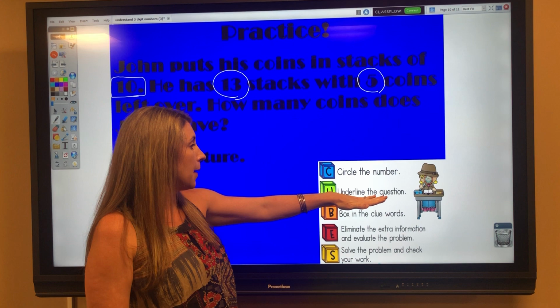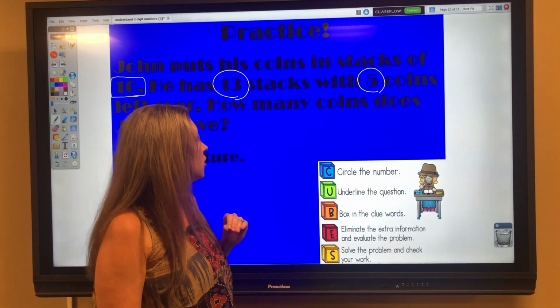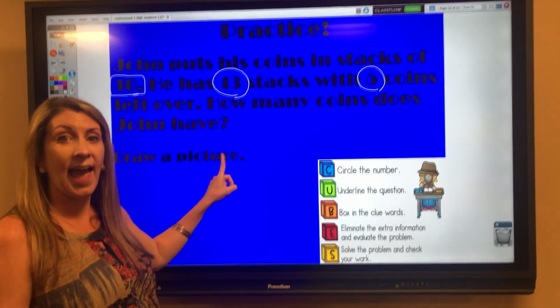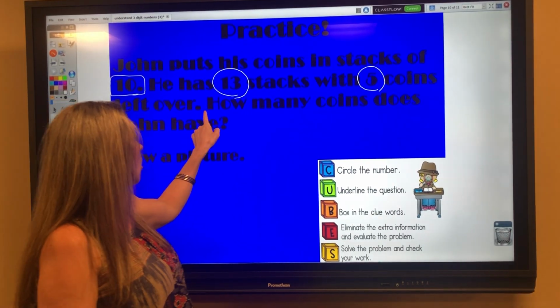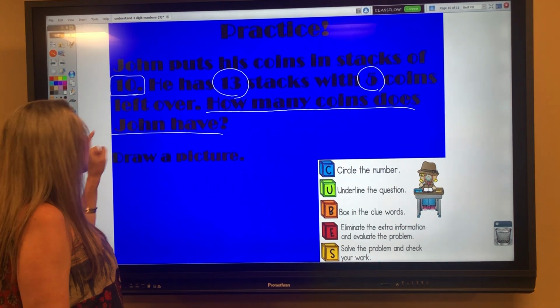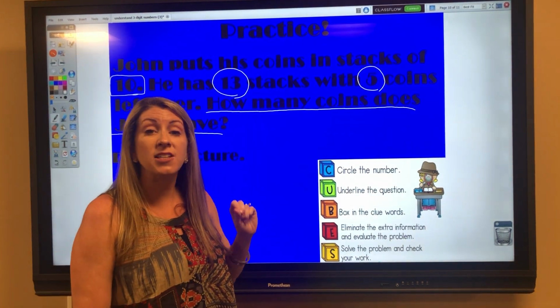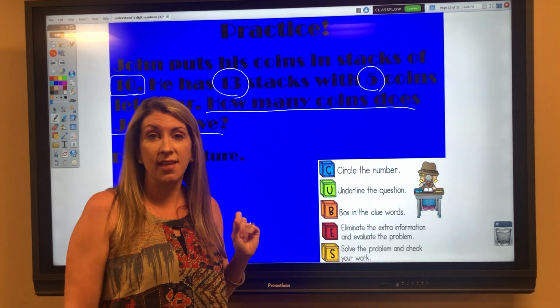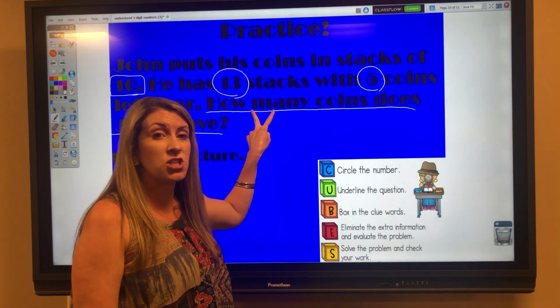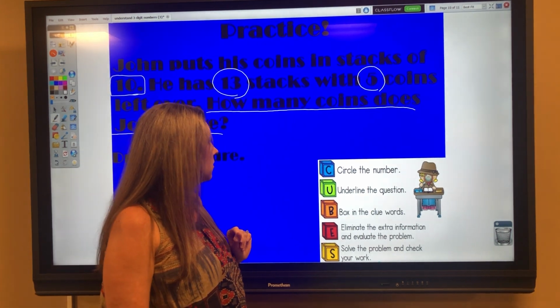The second step is to underline the question. How many coins does John have? Remember, our question is always the last sentence in our word problem, and it's followed by a question mark at the end, as well as question words that start the sentence.